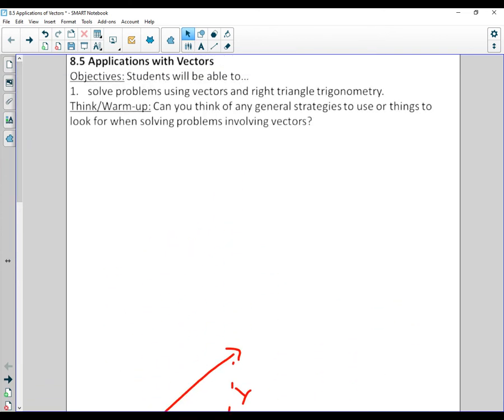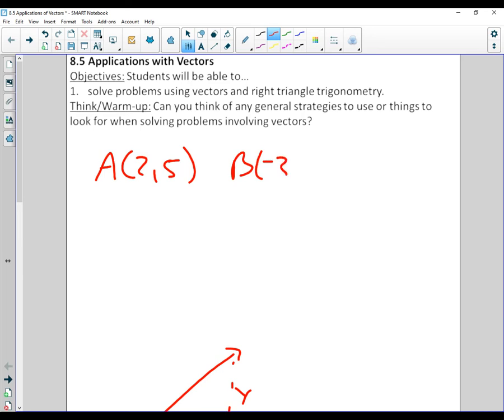If it says you're at point A, which is 2, 5, and then you go to B, which is -3, 2, make that a vector in components, right? From A to B, that's -5 in x, and then the y is the change of -3, so the actual vector is -5, -3, x and y. Is that confusing?